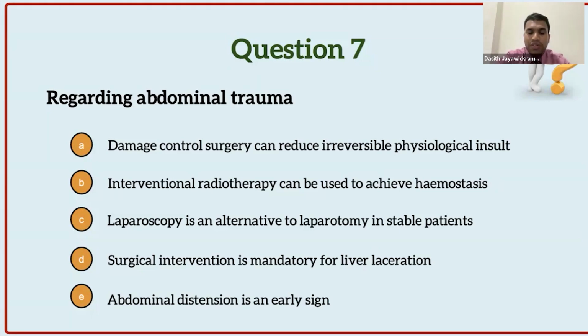We only treat the liver injury, pack it and come out. Only later do we go and attend to that colon injury. That is called damage control surgery. We do only what is necessary at that point. We don't go and treat everything. That is to prevent the patient from going into irreversible physiological insult, that is decompensation. That is true.